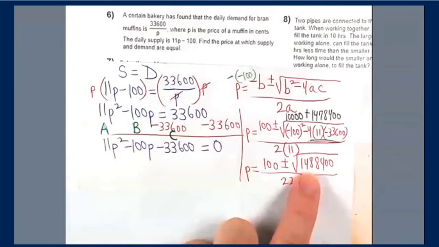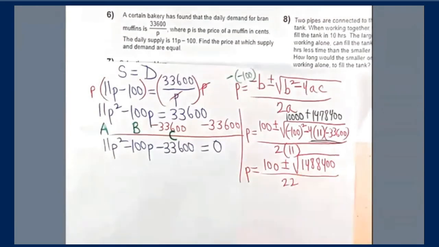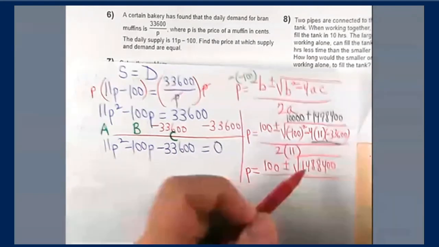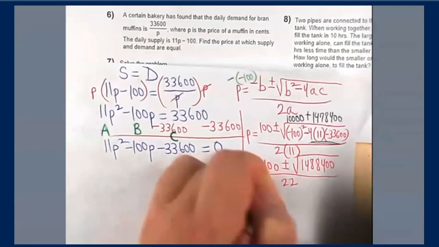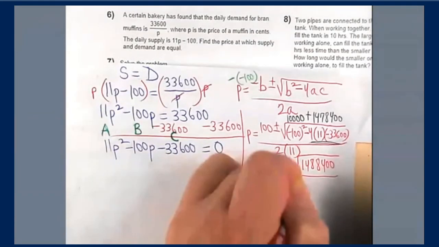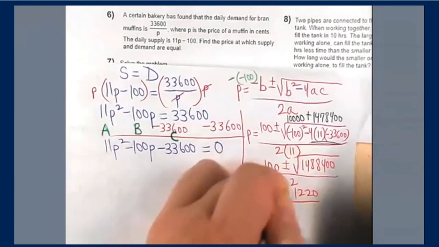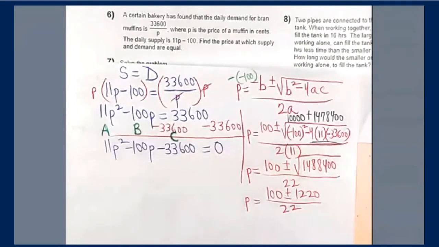Actually, the number inside the radical, this is a perfect square root. This is 1,220. And anytime we're left with just numbers, no radicals and imaginary parts, we must split this with the plus minus sign to get our 2 possible answers.